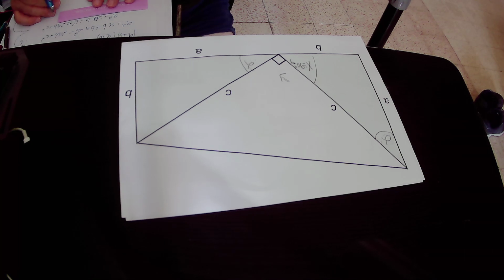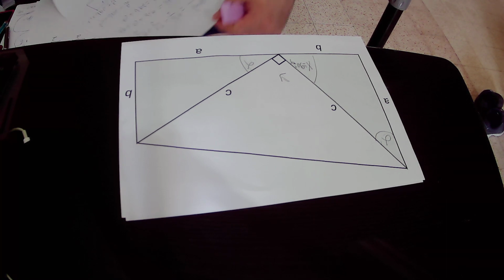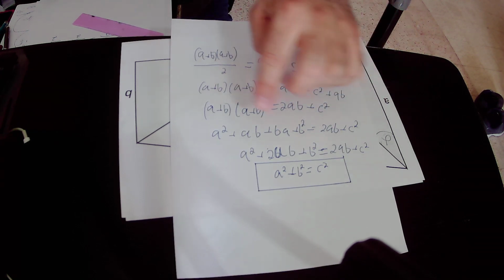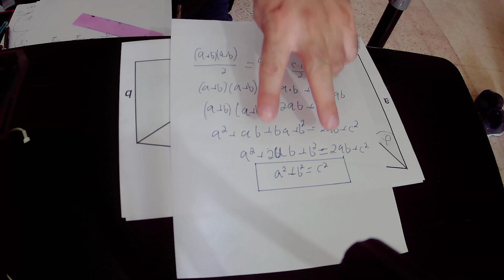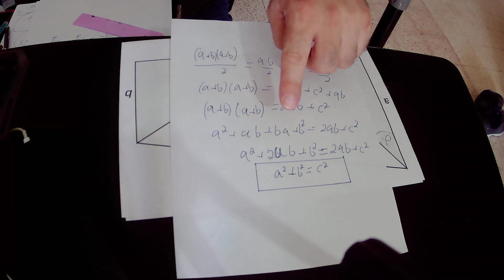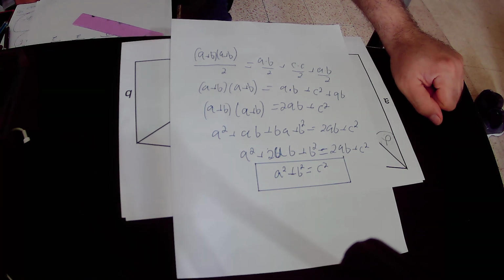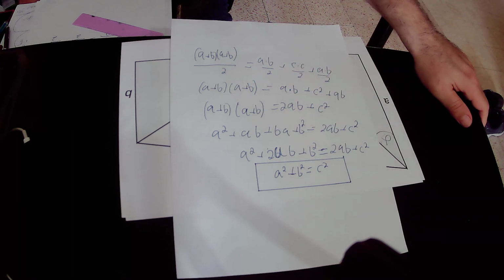And finally, we will get the Pythagorean theorem. Here we deducted from both sides of the equation the expression 2ab, so we are left with the expression a squared plus b squared equals c squared.